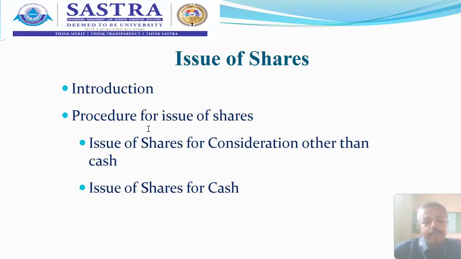So there are different ways of issue of shares. One, for consideration, which means other than cash. You may issue shares for purchase of your business, you may issue shares for purchase of an asset, or you may issue shares for acquiring some reputation of a brand or some reputation of an actor.